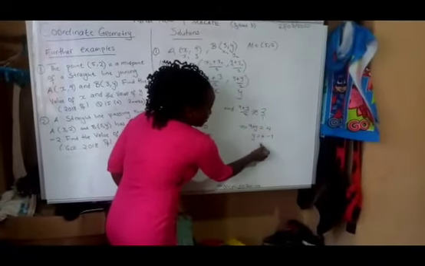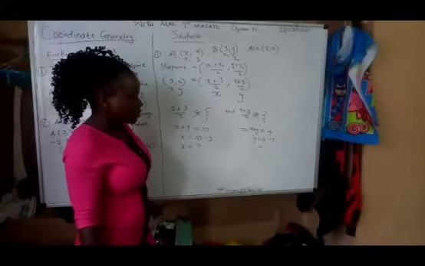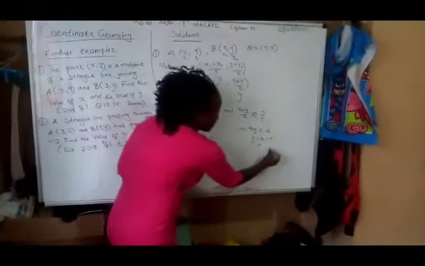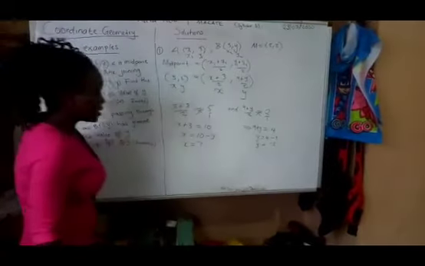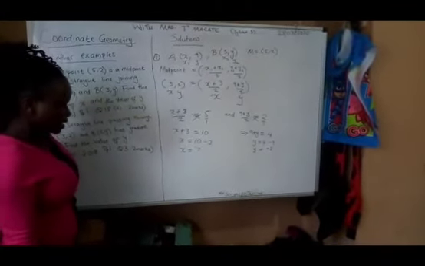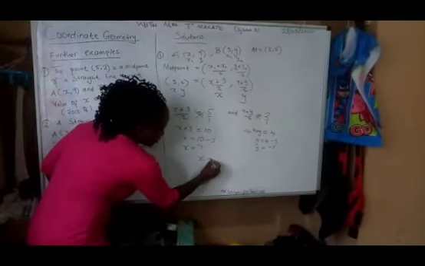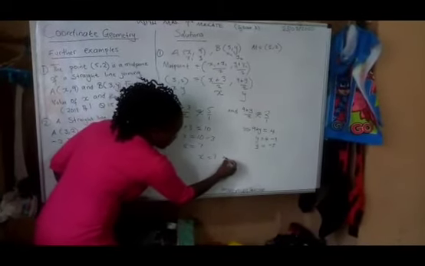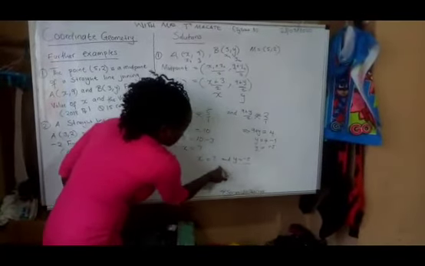So now what you have is 4 minus 9, which will give us minus 5. So y is equal to negative 5. You can put your answers in order, and you are done with the first one.